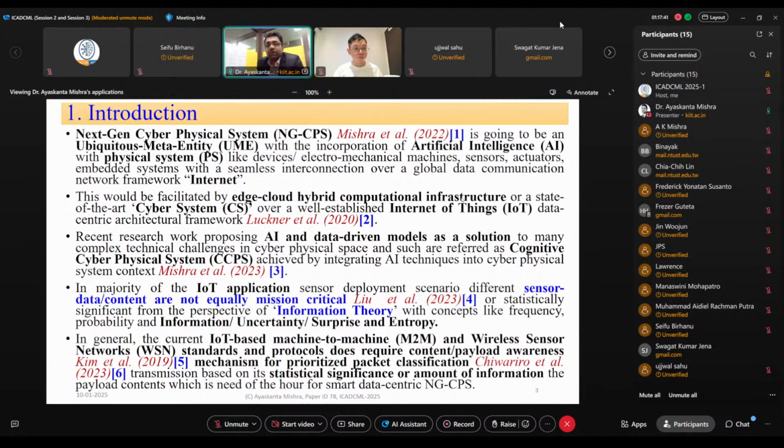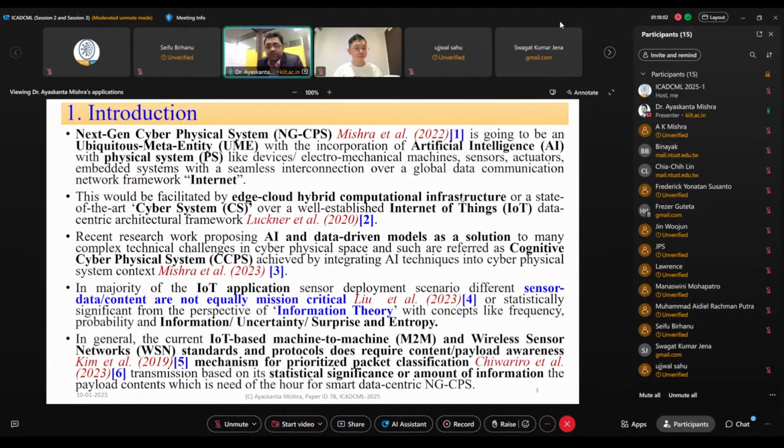In the majority of these IoT applications, sensor deployment scenarios, different sensor data and contents are not equally mission critical. That means some of the data will have more information in it, some will have less, depending upon the information theory, the surprisingness or the entropy in it.